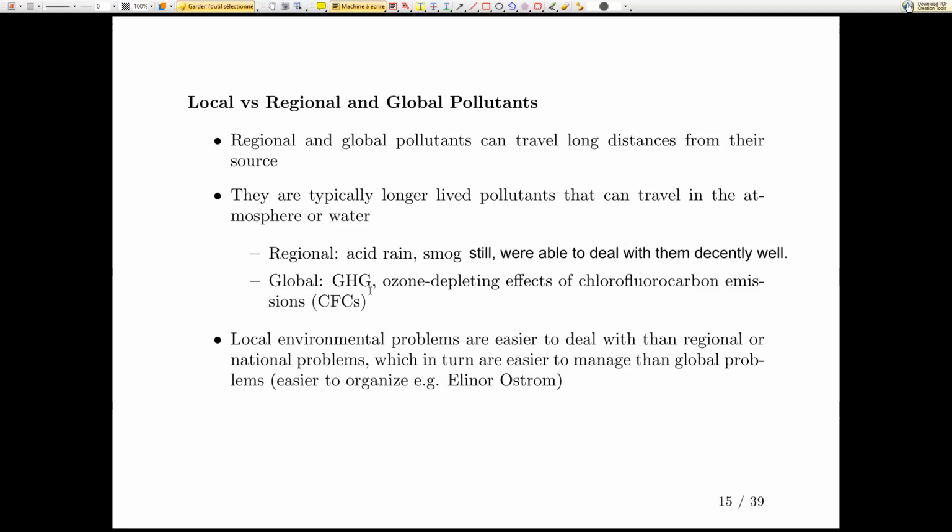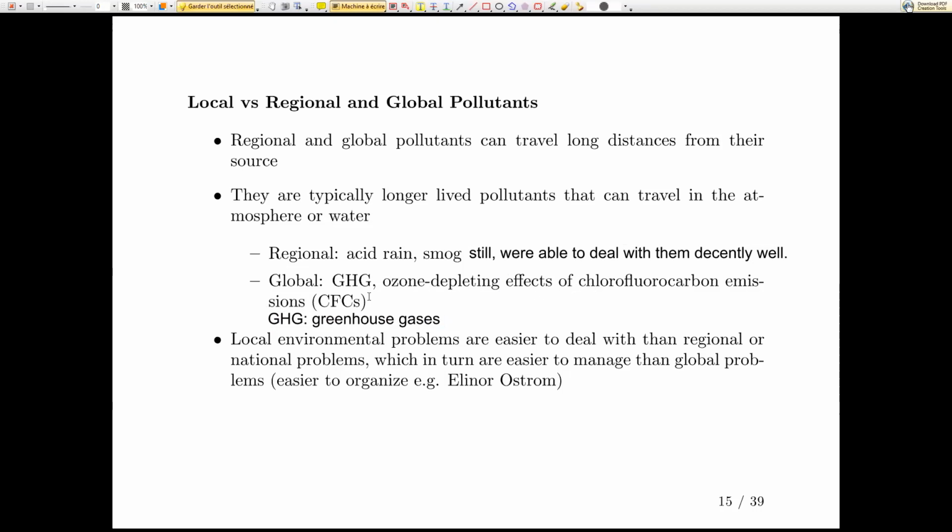Global is just worse. Global greenhouse gases, GHG. But still, in some instances, we have been able to deal with it. So ozone depletion from CFCs.